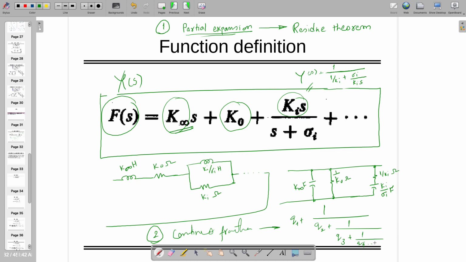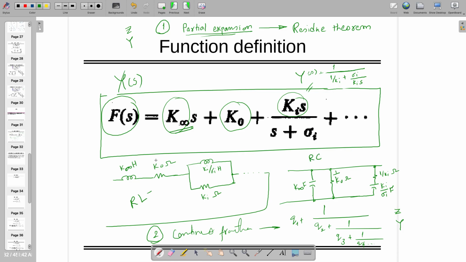So there are two possibilities. In both the possibilities, this function might be impedance or it might be admittance, right? So if it is impedance, it makes an RL circuit. If it is admittance, it makes an RC circuit.